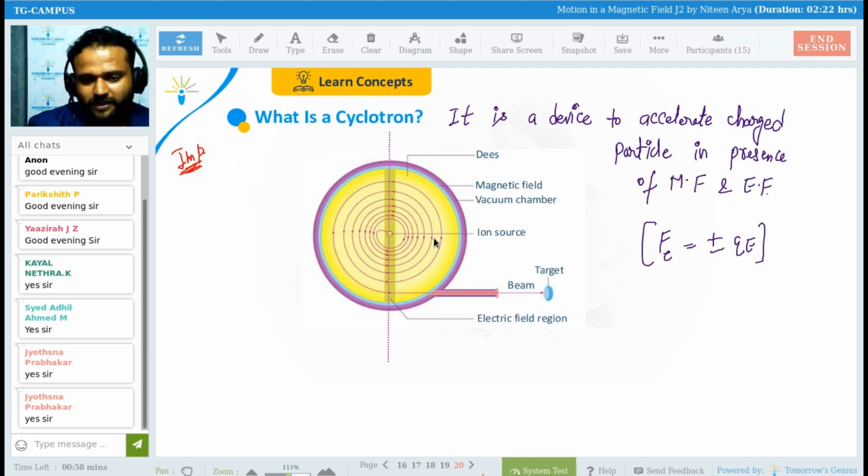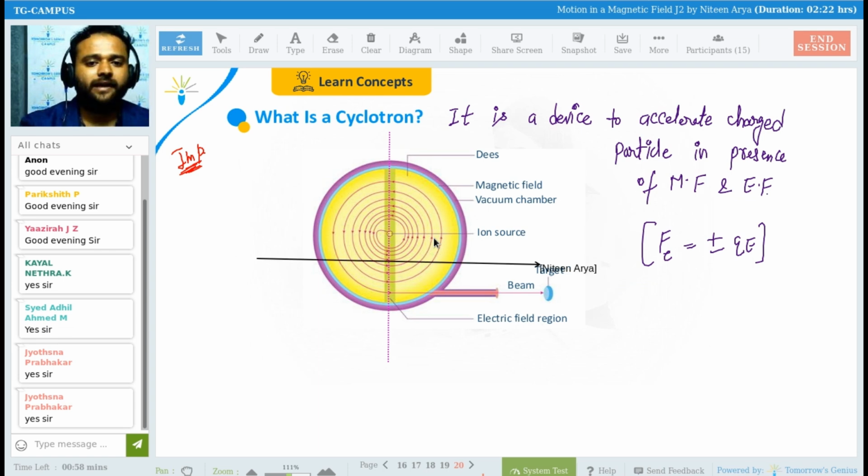Okay, what is the meaning of saying this? Suppose this is your electrode plane, so the magnetic field corresponding to that is in the z direction. What is the z direction? Suppose this palm is my one D and another D. This is the plane of the electrode, so your magnetic field is perpendicular, either upward or downward.